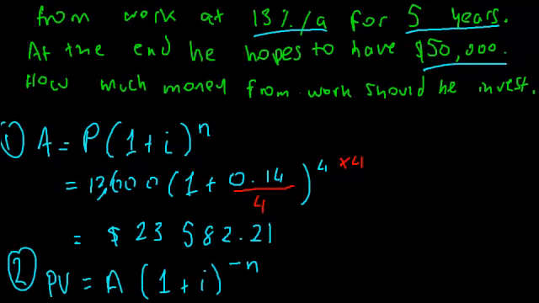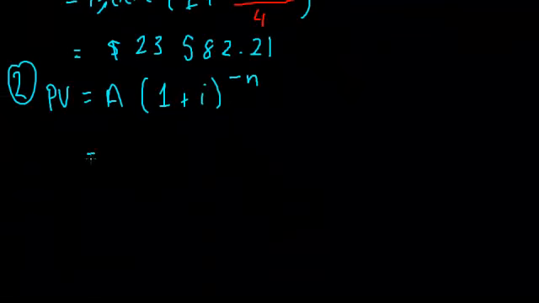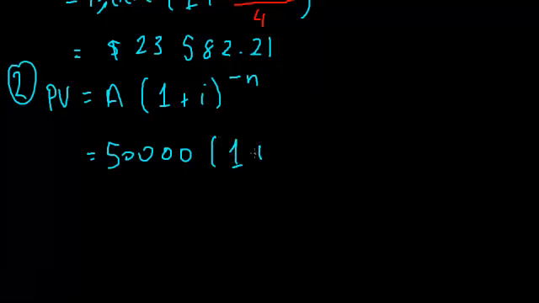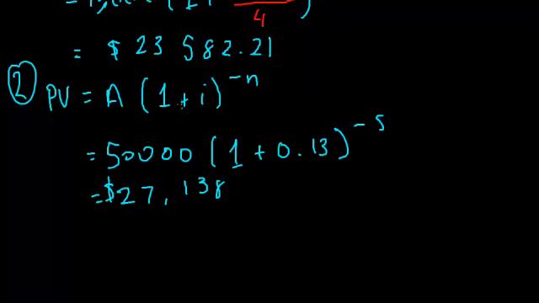So this is equal to 50,000 into 1 plus 0.13 to the power of negative 5, which is equal to 27,138. So right now he would need to invest $27,138 to earn $50,000 in 5 years at this interest rate, which is pretty good in real life, but it's not going to happen.